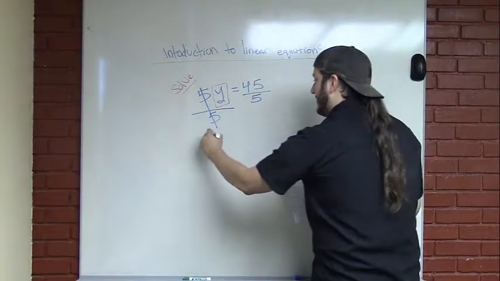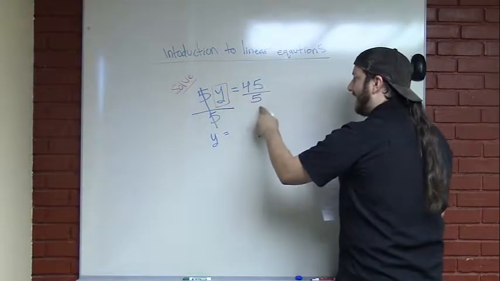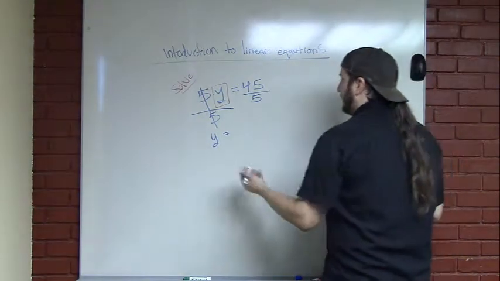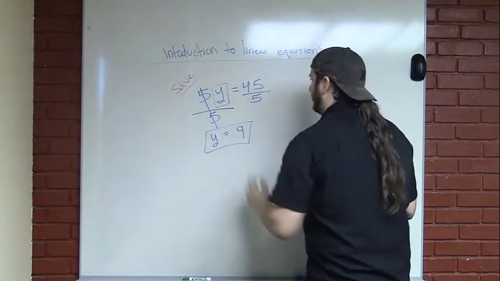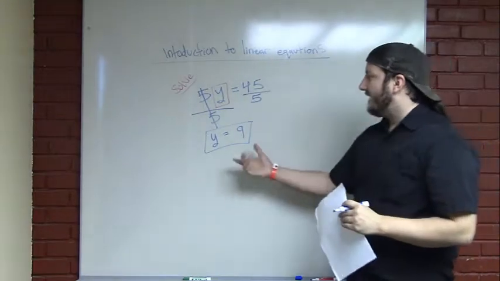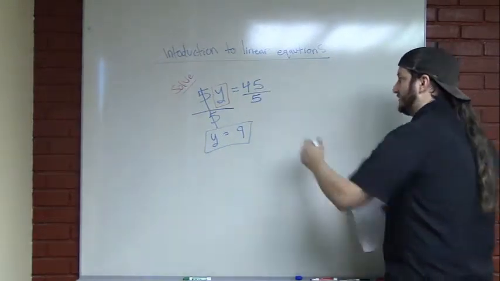That being said, you have y equals, now you just do this, how many times does 5 go into 45? That's going to be 9, okay? And that's your answer.